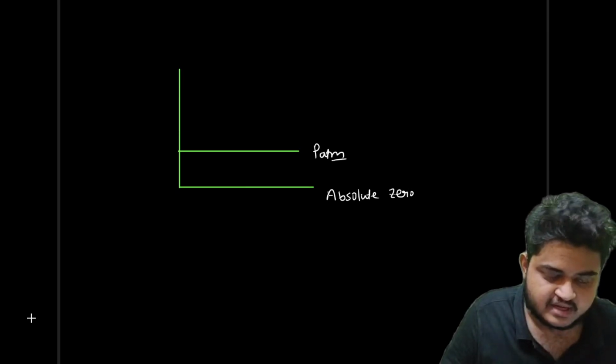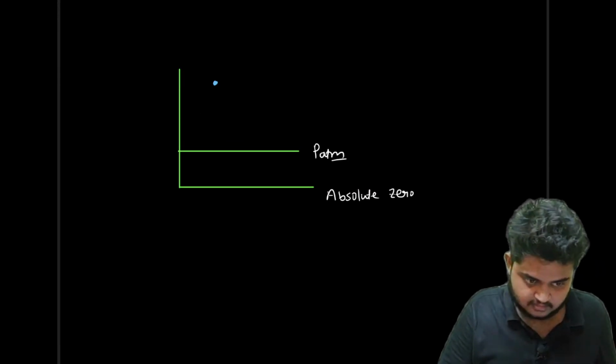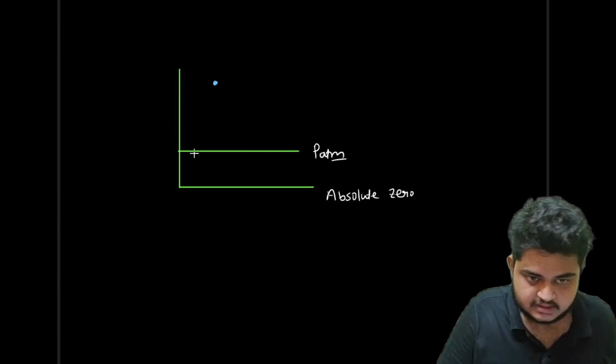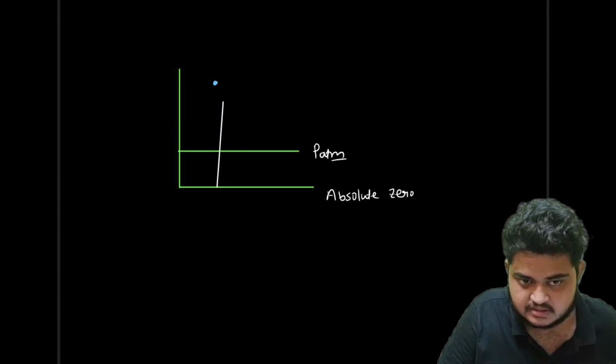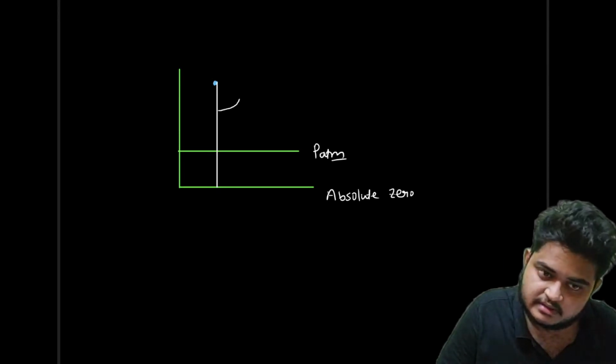If I have to measure any pressure at a point, and if I start measuring from absolute zero, suppose I have measured this, it will be called P absolute.